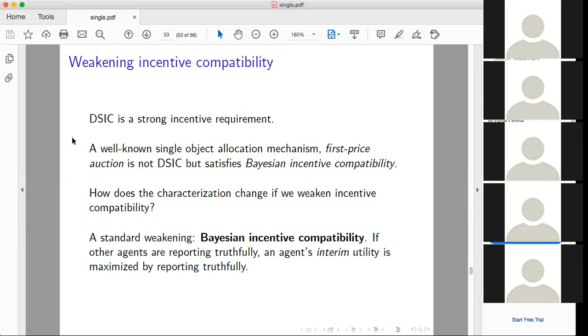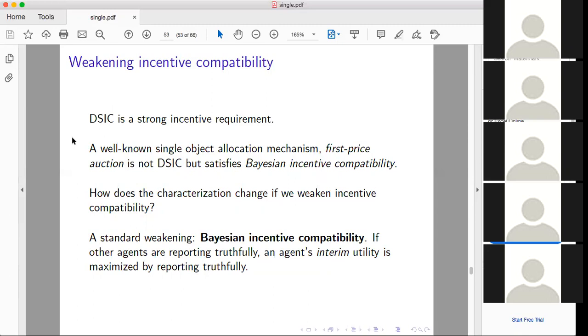As we know in game theory, there are two prominent strands of equilibrium. One is the dominant strategy equilibrium, which is a very demanding requirement: irrespective of what other agents are using, your strategy must be dominant. So you have a dominant strategy to play in the mechanism.